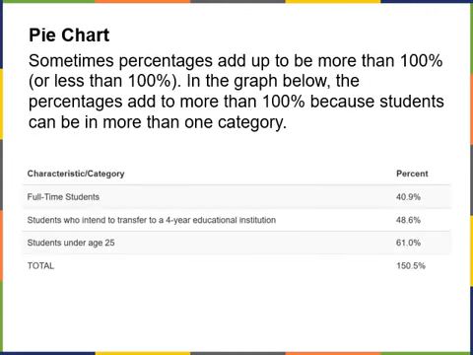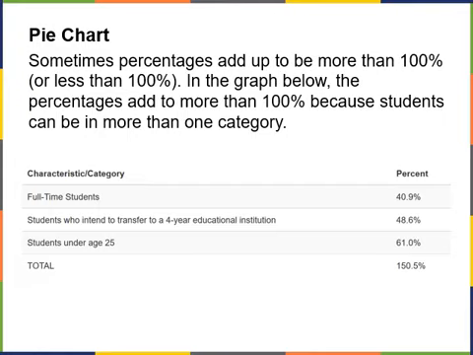Sometimes percentages add up to be more than 100% or less than 100%. In the graph below, the percentages add up to more than 100% because students can be in more than one category. You'll see here that we have 3 different categories. We have our full-time students, we have students who intend to transfer, and students under the age of 25.